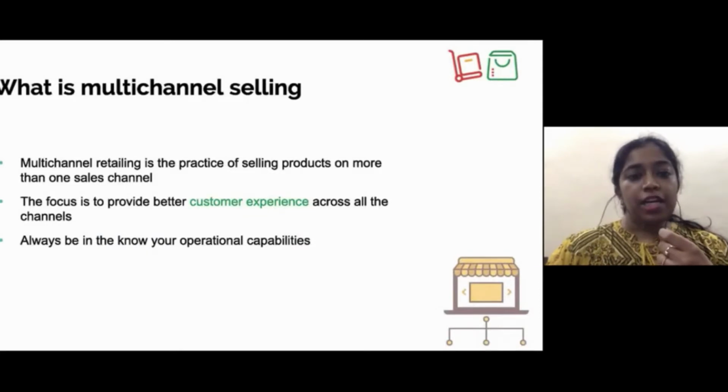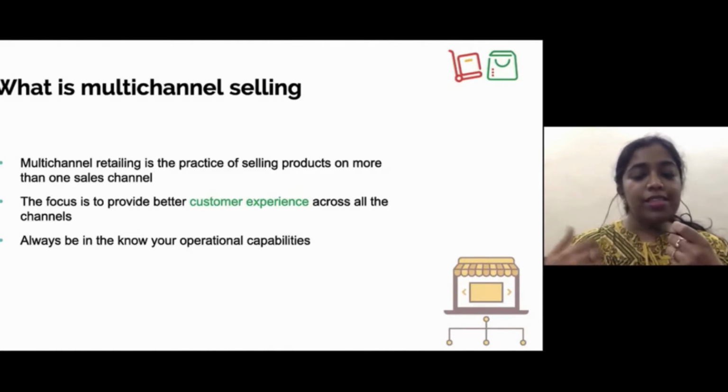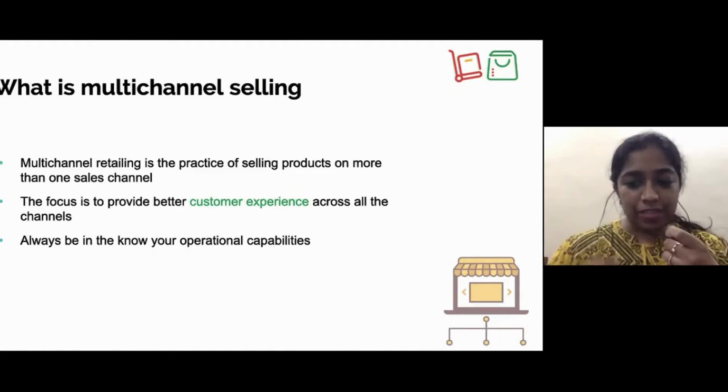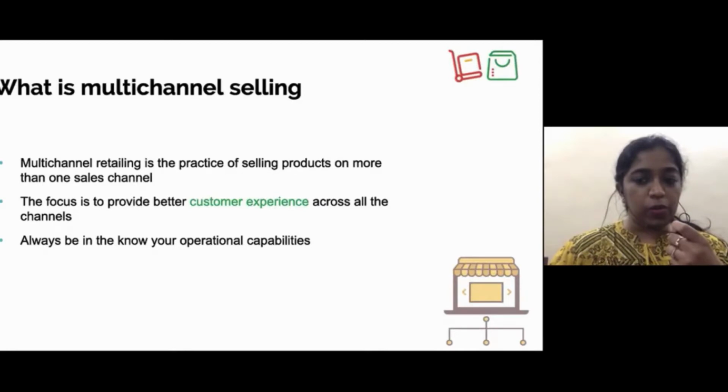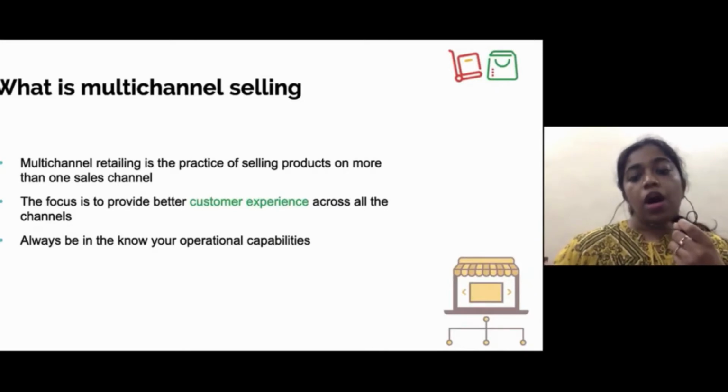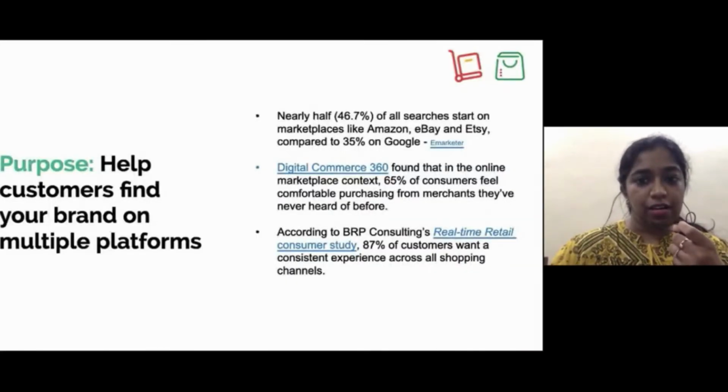So what is multi-channel selling? Multi-channel selling is the practice of selling products on more than one channel. This is pretty straightforward. But why do we want to do it? Yes, more revenue, but there is more to it. I have a few statistics right here.